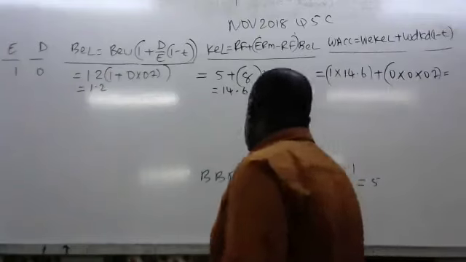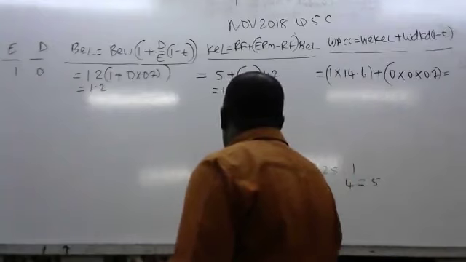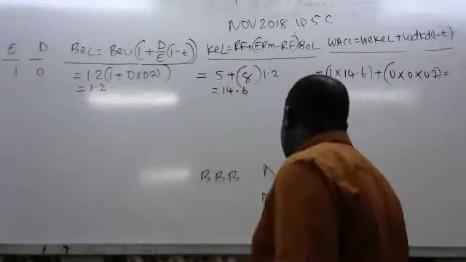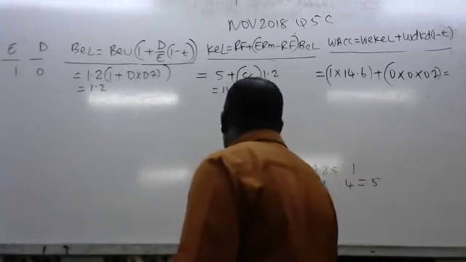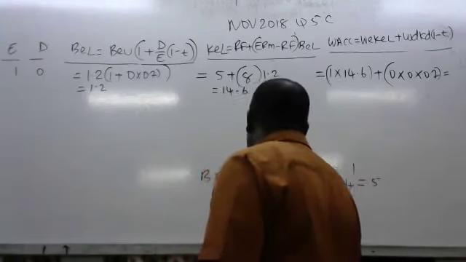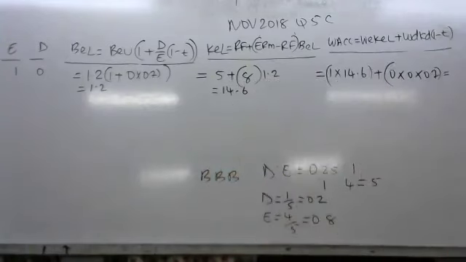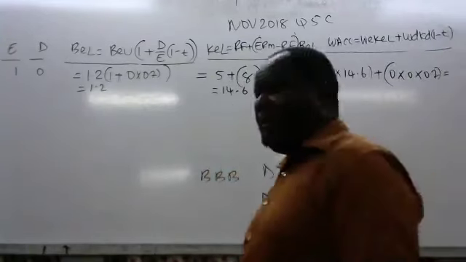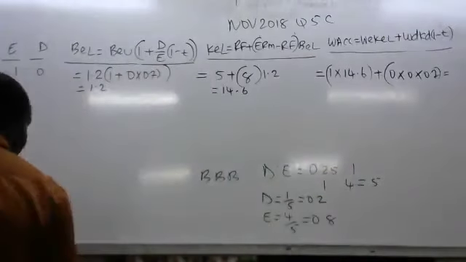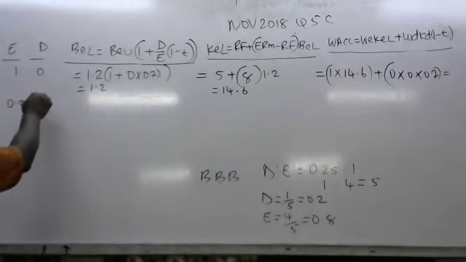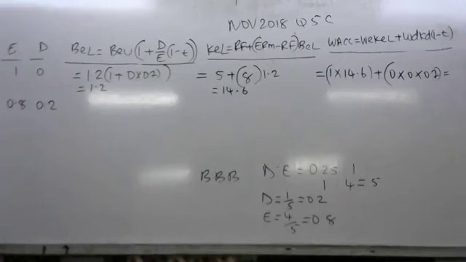So that debt should be 1/5. You remember this one was 0.2. So equity should be 4/5. This one was 0.8. So the proportion for equity is 0.8, and the proportion for the debt is 0.2.